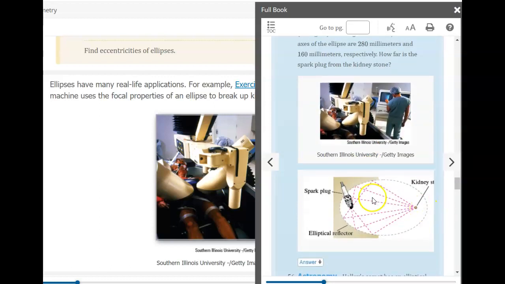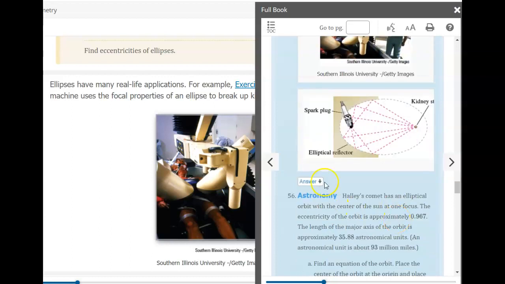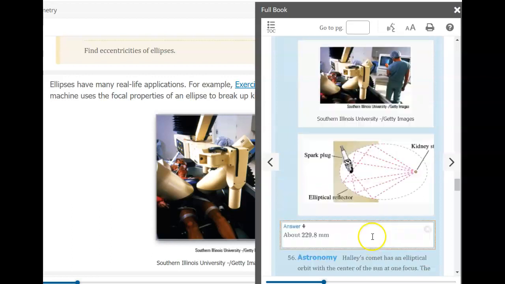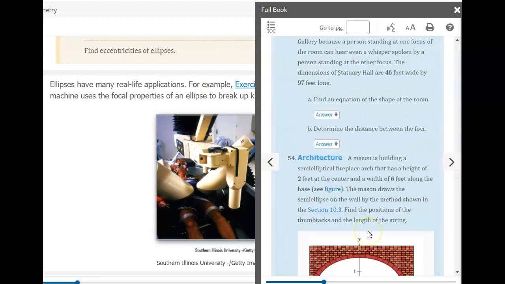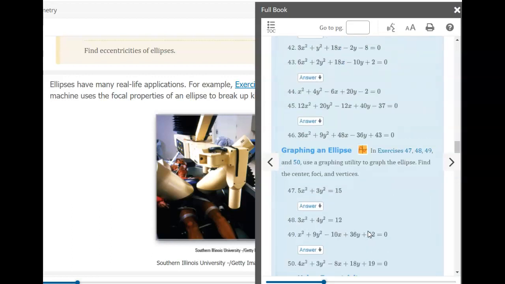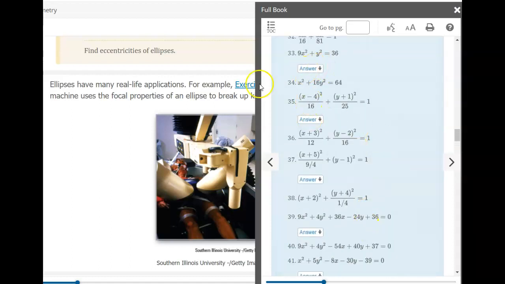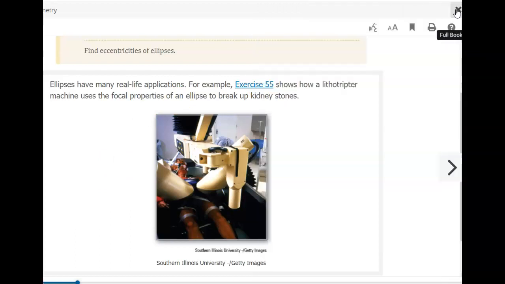You can see here the spark plug at one focus and the kidney stone at the other focus, or I could be wrong about that. And this actually has the answer. So I want to remind you that some of your questions have the answer, just in case you want to check. Of course, you might get different numbers, but that's just how college is.